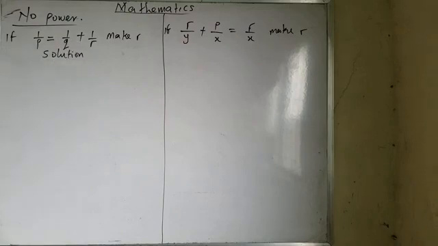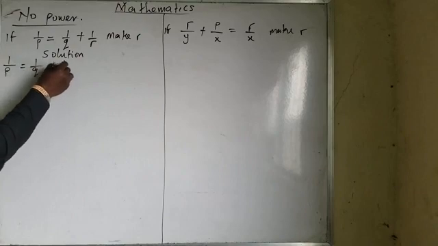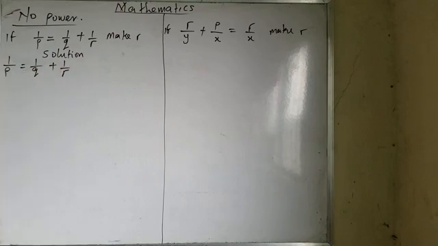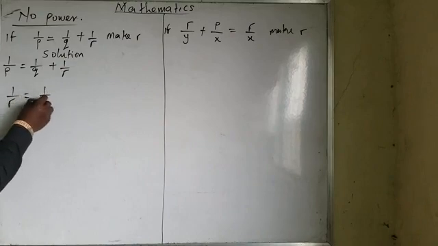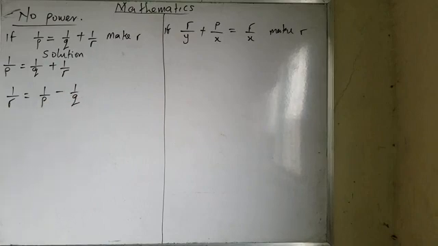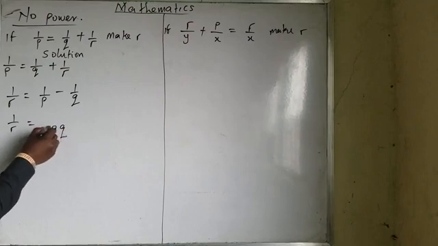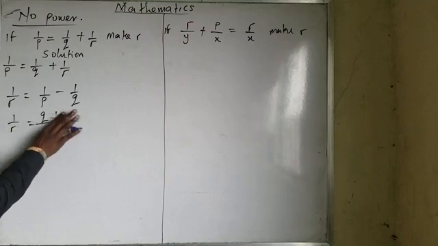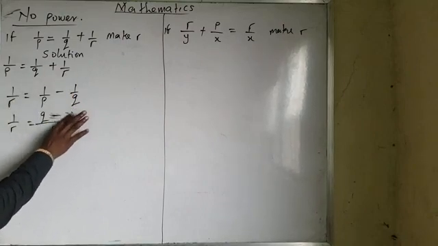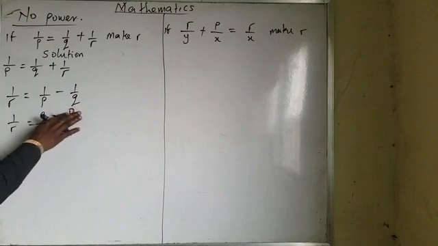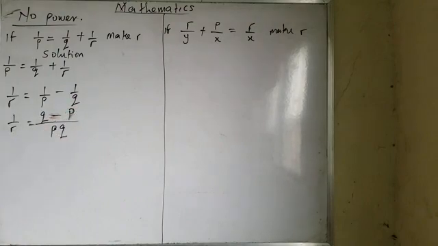Solution to this: 1 all over P equals 1 all over Q plus 1 all over R. What I need to do now is collect like terms. I'll have 1 all over R equals 1 all over P minus 1 all over Q. Now I find the LCM, which is PQ, so I have Q minus P. Since I have that, I don't need to stress myself.